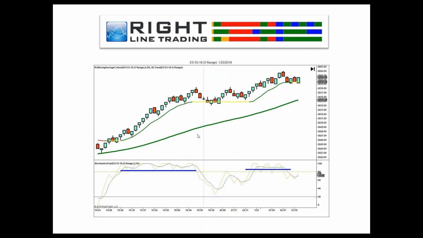Now, the stochastic analysis is a little more sophisticated because we did find that stochastic divergence on the higher time frames does have some predictive power. So the analysis of stochastic on the two higher time frames is going to be a little more complex. It's still very easy to interpret.